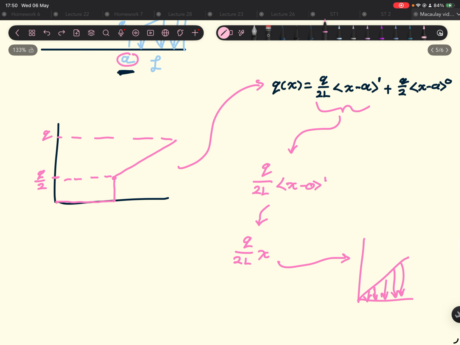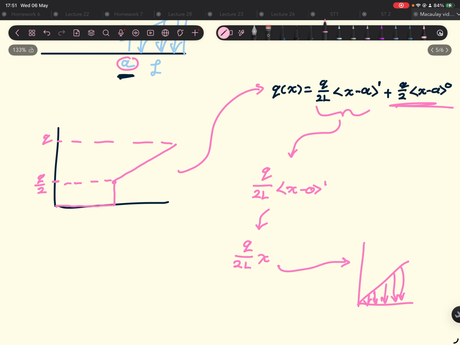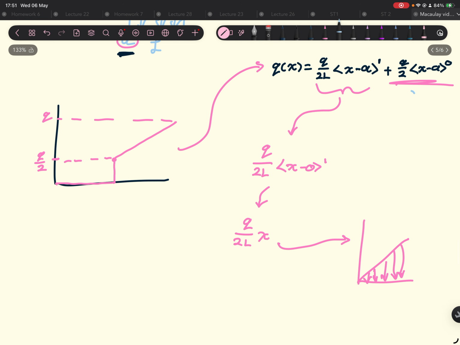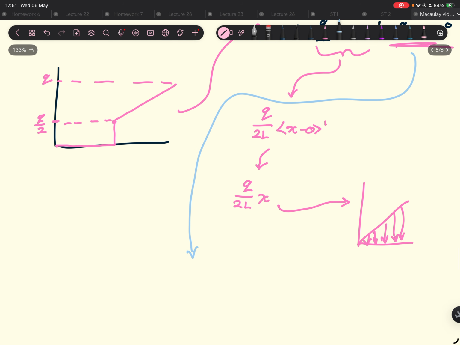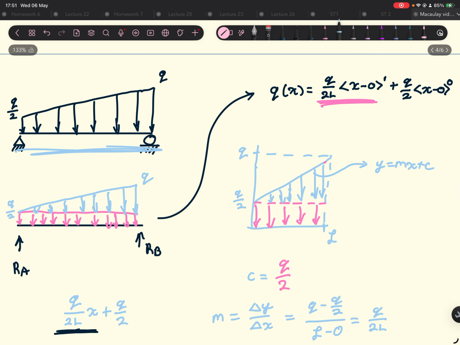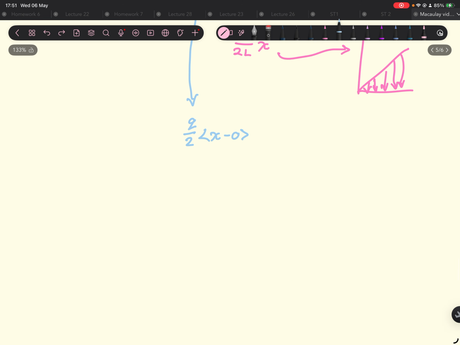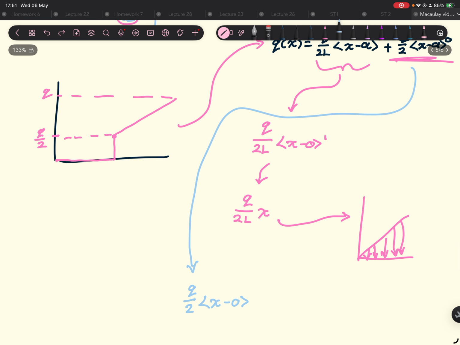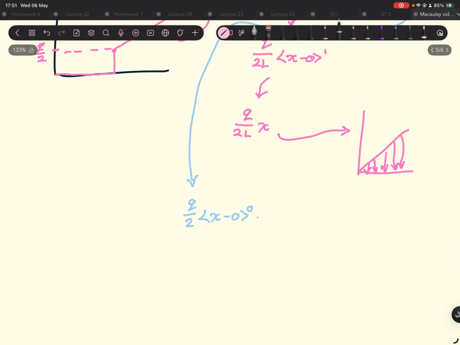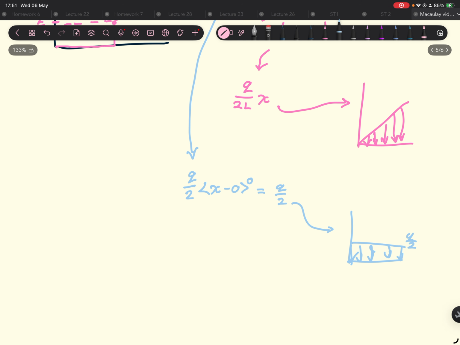Then the bottom part, the rectangular part, is described by this part of our function, which is Q over 2 times x minus 0 to the power 0, which we can simplify to Q over 2. If we were to graph this, this describes this part over here, right? Cool.